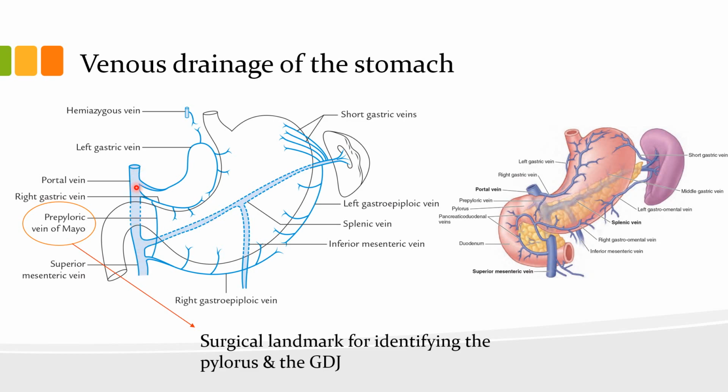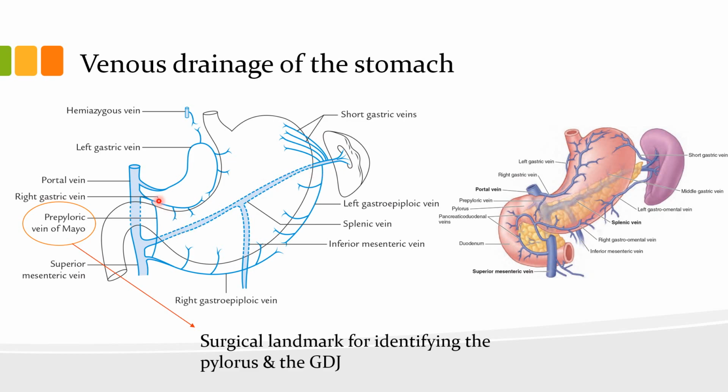This is the portal vein. So if we return to the veins that correspond to the same arteries we mentioned, the left and right gastric veins will drain directly into the portal vein. The right gastroepiploic vein will drain into the superior mesenteric vein. The left gastroepiploic vein and the short gastric veins will drain into the splenic vein.